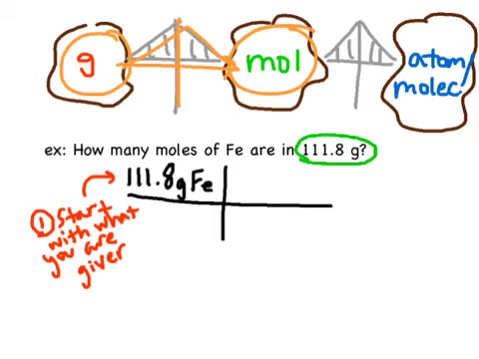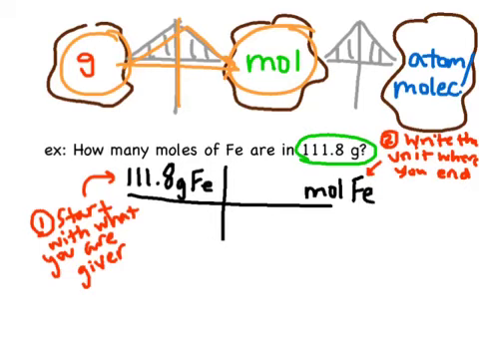All right, so just like in what I taught you last semester, on the other side of our bridge, because we're going to walk across this bridge to the other island, in this case it's moles. So we're going to go over to moles of Fe, because that's the unit where you want to go. So again, we write the unit of where we want to go on the top right-hand side.